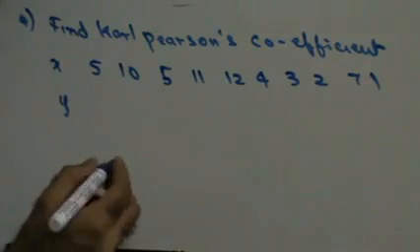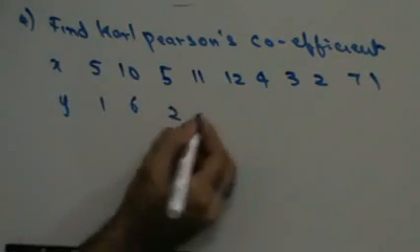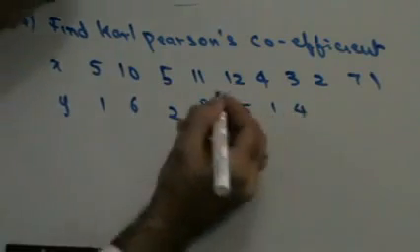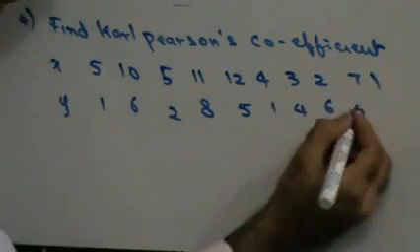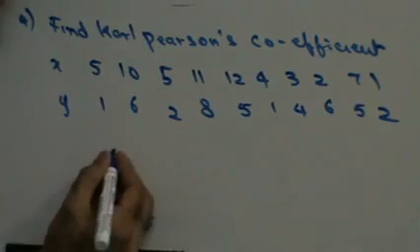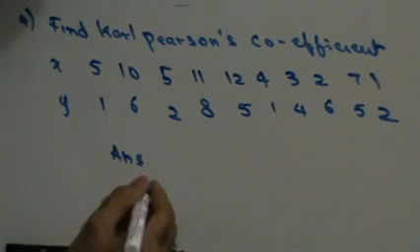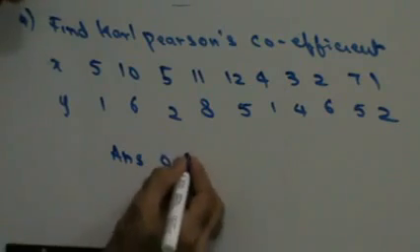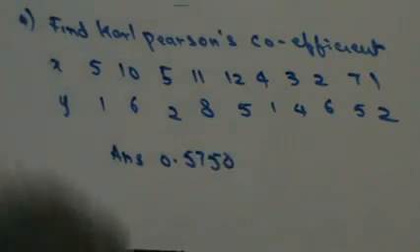Y is 16, 28, 5, 14, 6, 52. Same logic again, we should be able to get this answer. The answer for this sum should come out to 0.5750. Next sum, another sum for practice.